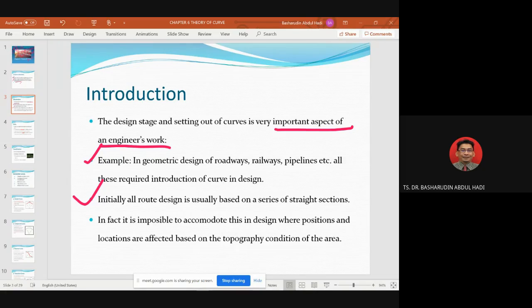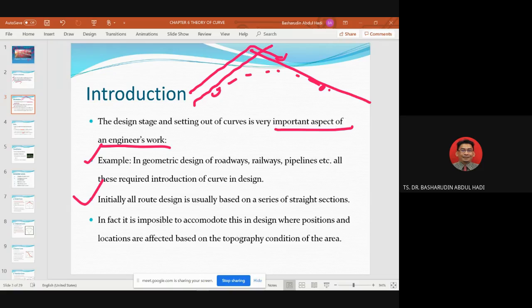We need a curve to connect lines or roads that are not really straight, to join them together. When joined, we cannot simply join by a straight line; we must put in a curve. For example, this is your road from Penang to Ipoh, and from Ipoh to KL like this. You cannot have your car going like this and then like this unless you have a traffic light. So to make it smooth on the highway, we build a curve here.